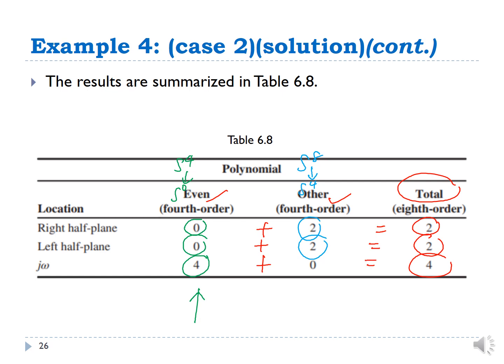Therefore, it can be concluded that the system is unstable because of the right half plane poles.